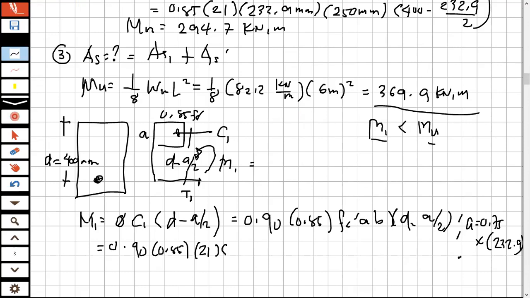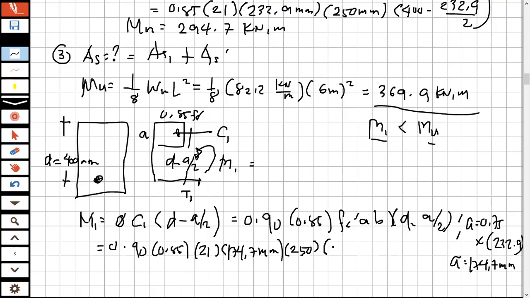Okay. So therefore, we can have here A is equal to 174.7. So we can substitute it here. 174.7 millimeter.